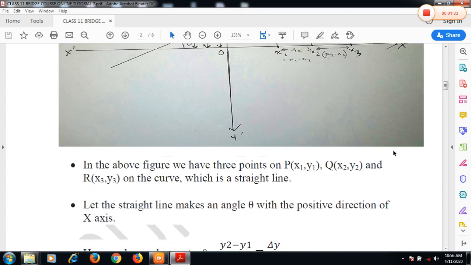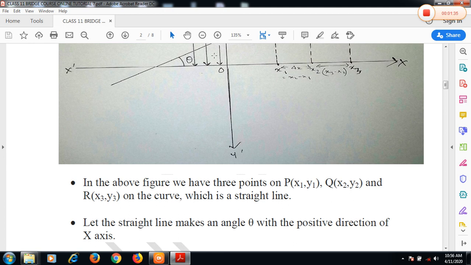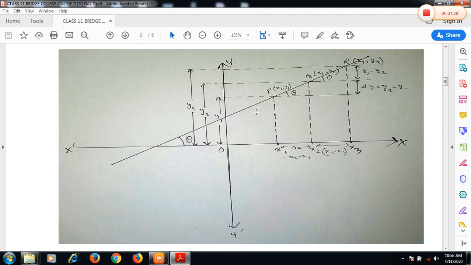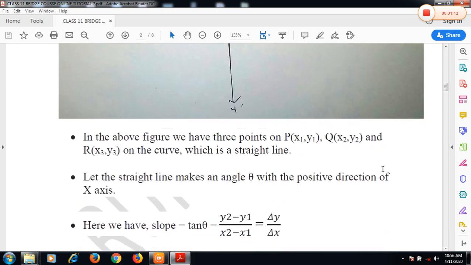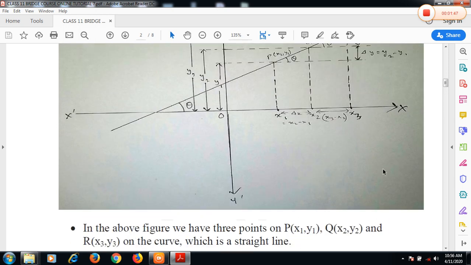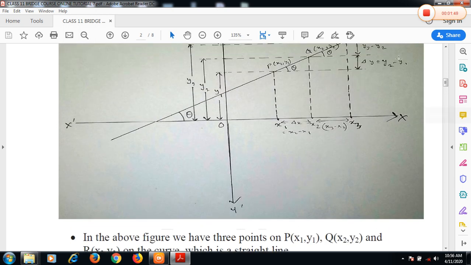This straight line makes an angle theta with the positive direction of x axis. So, we have slope which equals tan theta equals (y2 minus y1) by (x2 minus x1), okay, equals delta y by delta x.